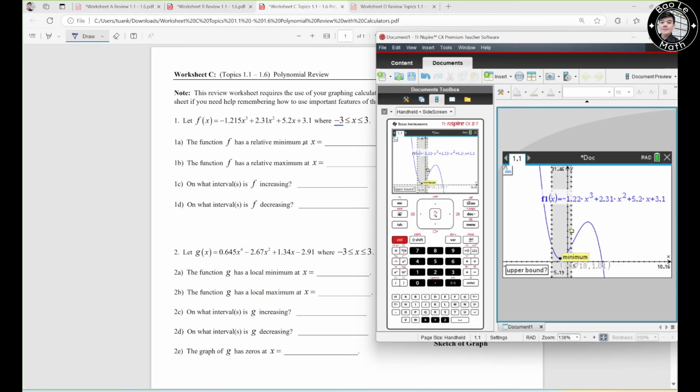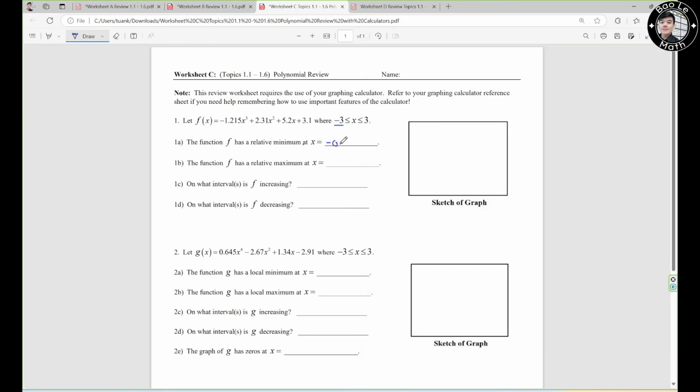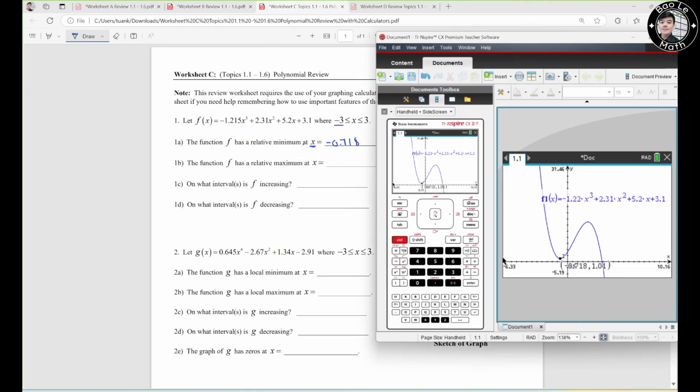Move the line to the right of the minimum, hit enter. So it could be negative 0.718. So keep that in mind. The question asks you to find the relative minimum as the value of s right here. And the right hand side right here, we know that this is the lowest point right here. It's going to be at 3 right here.